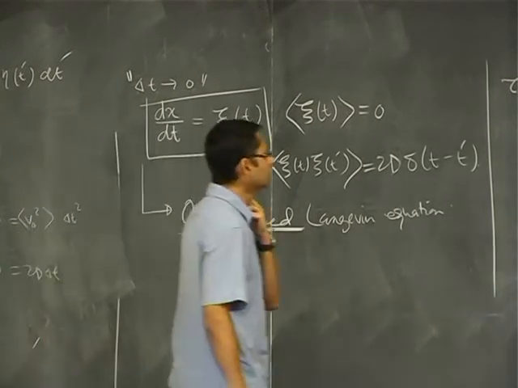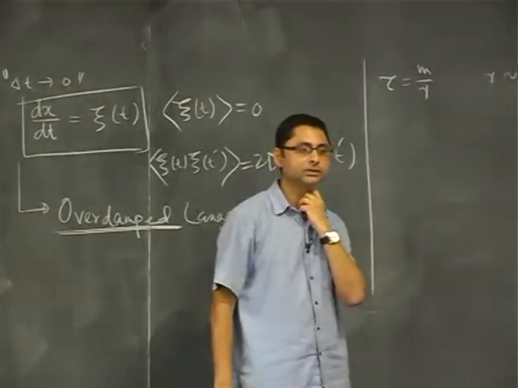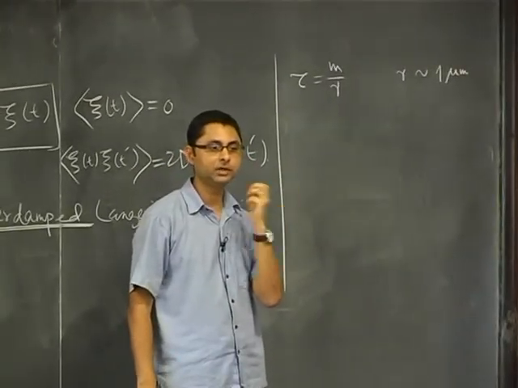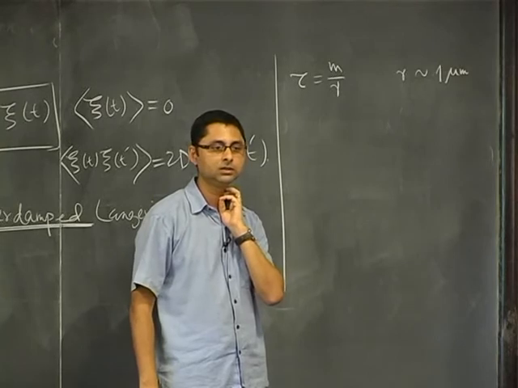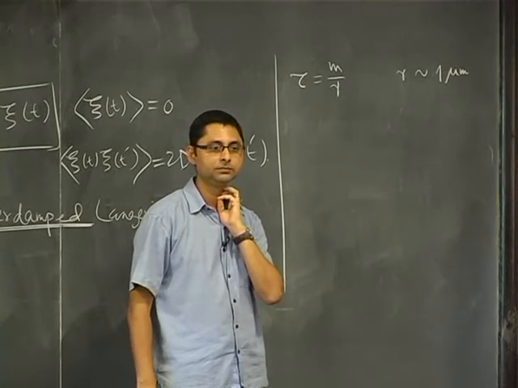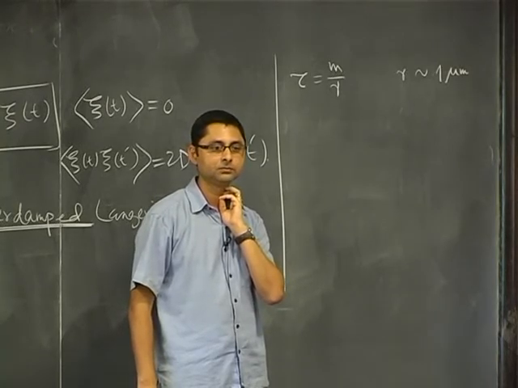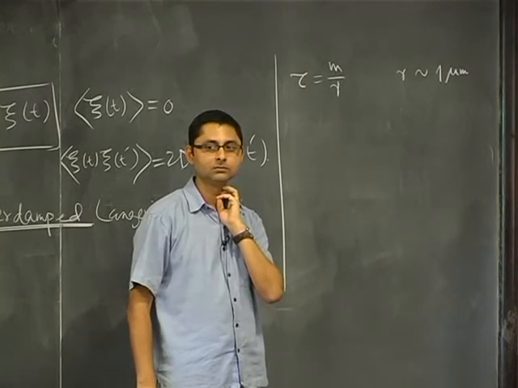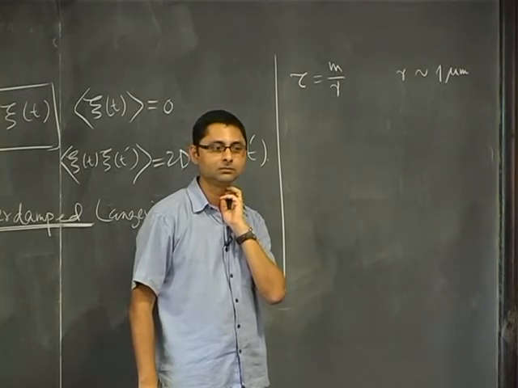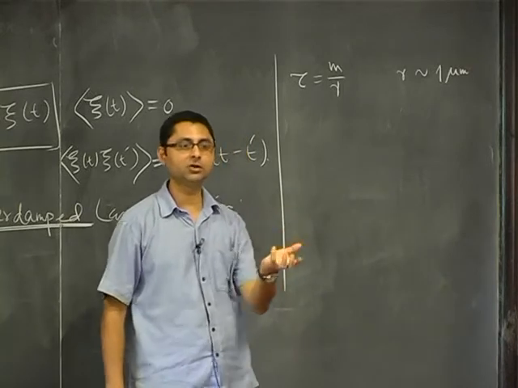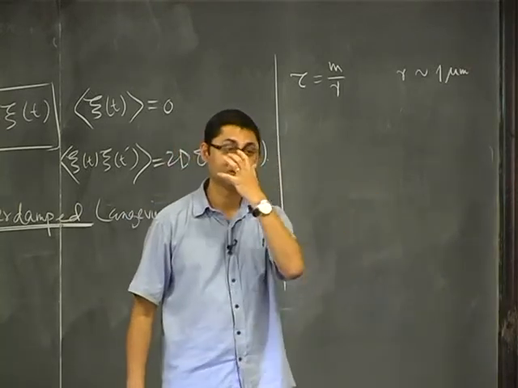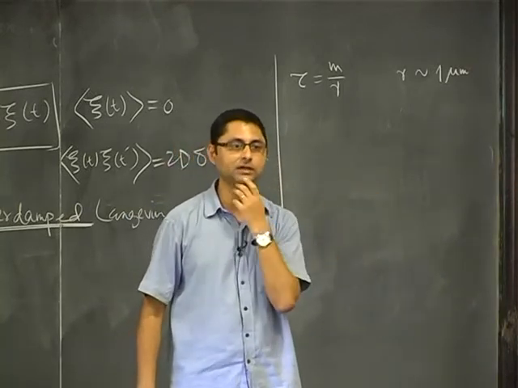Density. What do you think about the density? How much will be the density of this colloidal particle? Can you guess? This colloidal particle is in water, right? You are measuring the colloidal particle in water.